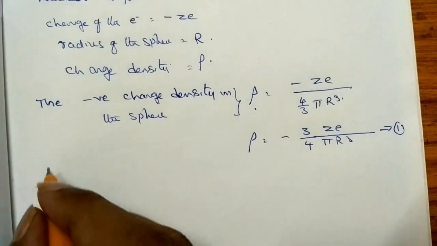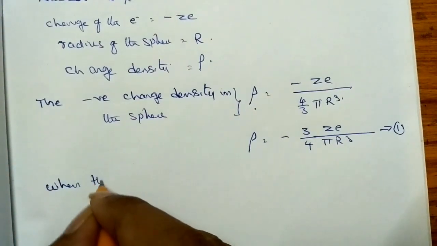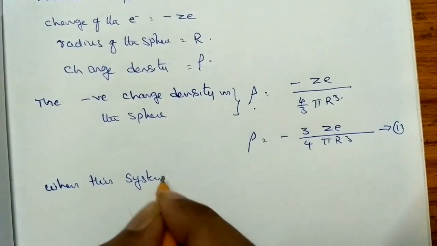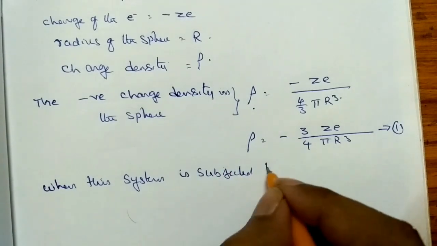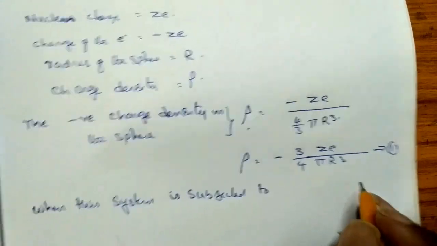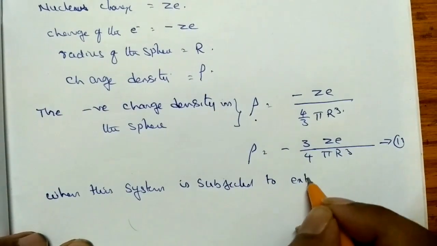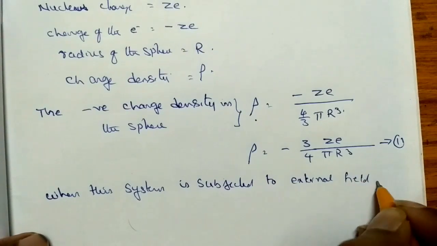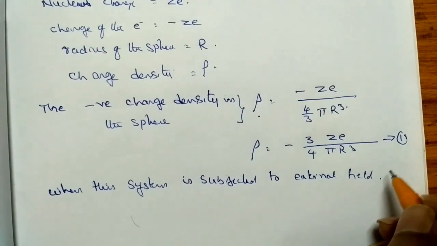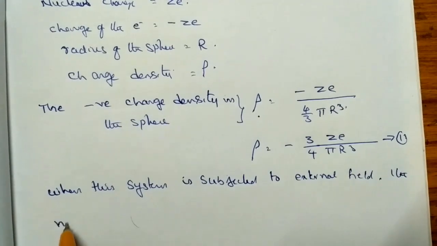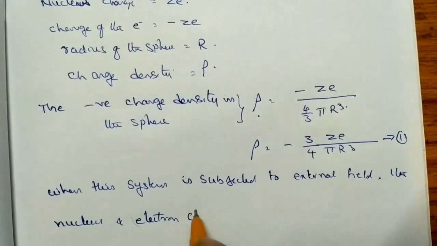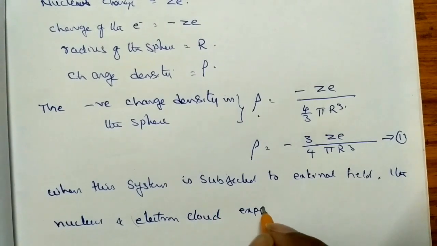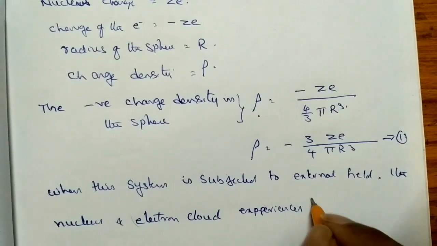When this system is subjected to an electric field or external field, the nucleus and electron cloud experience Lorentz force.